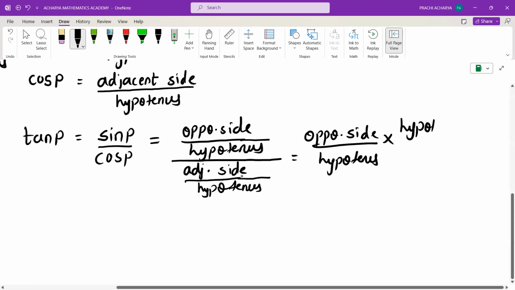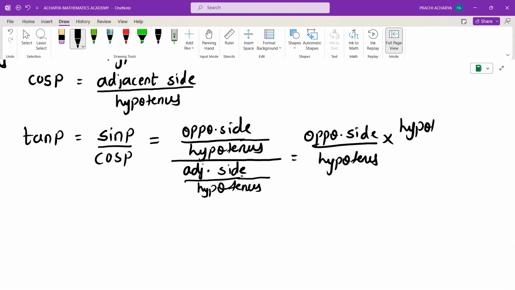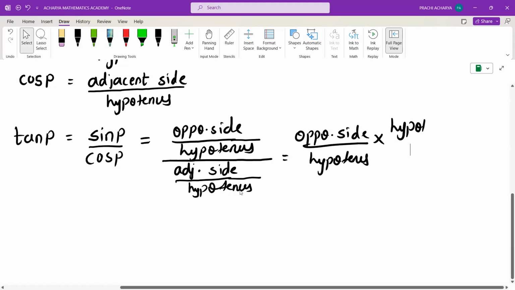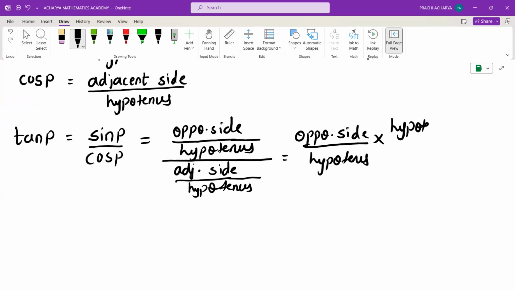When we divide two ratios, the second ratio can be written as a reciprocal and as a product with the first one. So hypotenuse divided by adjacent side. So eventually the hypotenuse will get cancelled. You can directly cancel them from here also, if you are smart enough and can do it quickly.